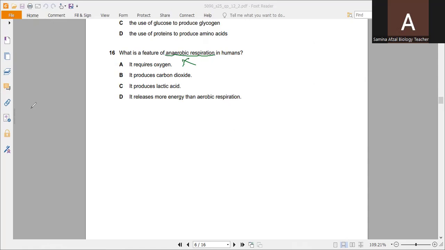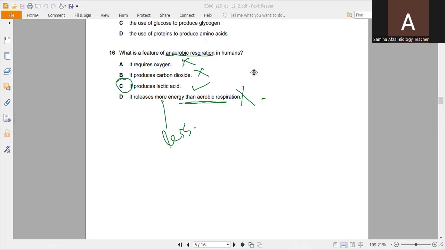Anaerobic respiration does not produce carbon dioxide in humans. So it produces lactic acid. It releases more energy than aerobic respiration. No, it releases less energy. So again, this is not a correct option. Only C is the correct option.